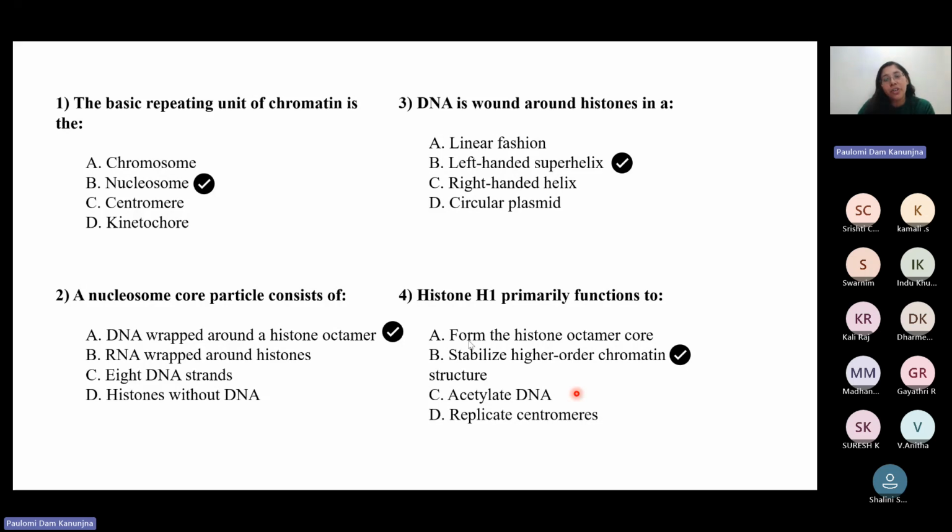Now when you talk about remodeling, you can imagine you need to somehow make the interaction between the nucleosomes weaker. So you have to replace the histones with some variants, right? There is a histone variant which I think we will discuss in the coming slide.